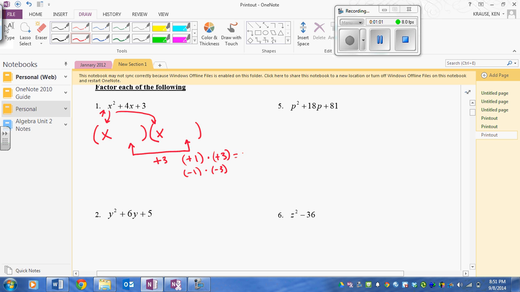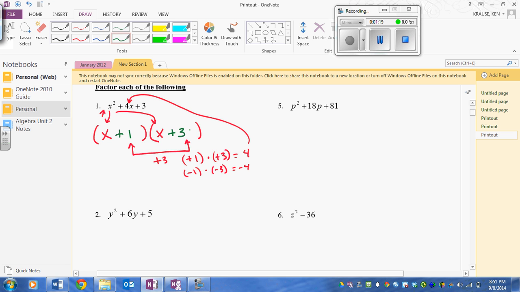Now, if you add these up, this is positive 4 and this is negative 4, and we want the pair that adds up to positive 4. So to finish this off, we're going to need a positive 1 and a positive 3. That's really all there is to it.